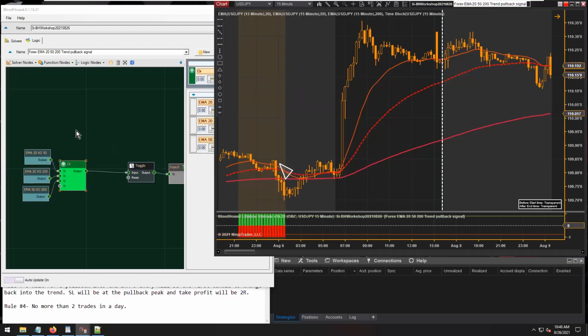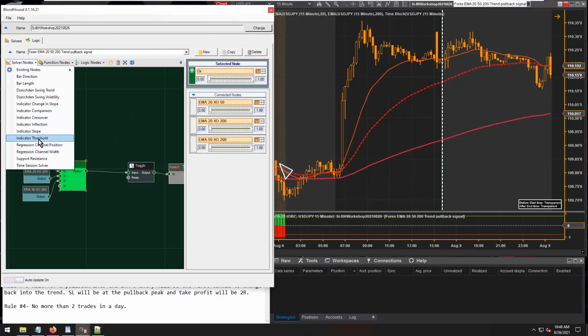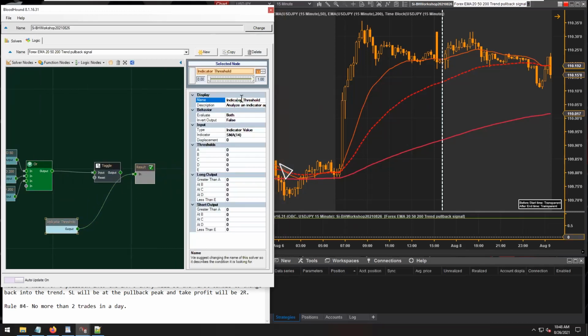So let's see here. So we're going to grab a threshold solver here. So I'm going to literally put in there 1600 as our reset time here. Well, actually, this is going to be the 1545 reset, right?